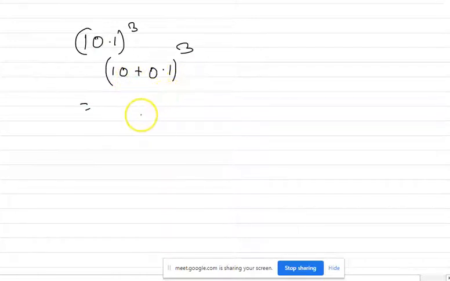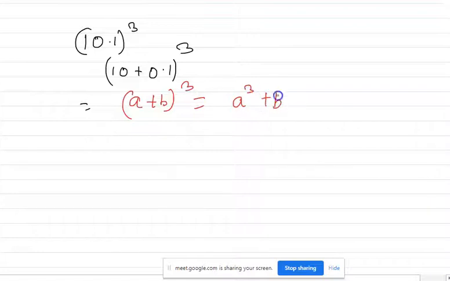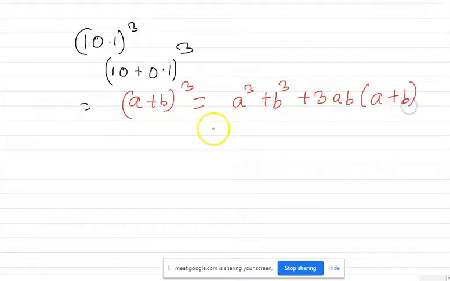So what is the formula for A plus B whole cube? I am writing the formula. A plus B whole cube is equal to A cube plus B cube plus 3AB into A plus B. This is the formula. I'll just put the values.